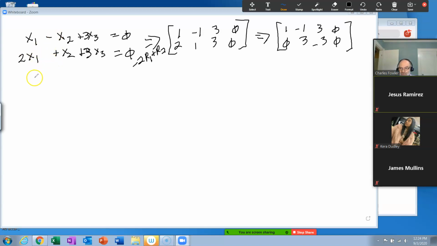All right, so what do we want to happen next? You've got a leading 1 here, 0 below it, good. You want this to be a leading 1. Hey, that's pretty easy to do. Let's divide everything here by 3. So that's going to become a 0, 1, minus 1, 0.